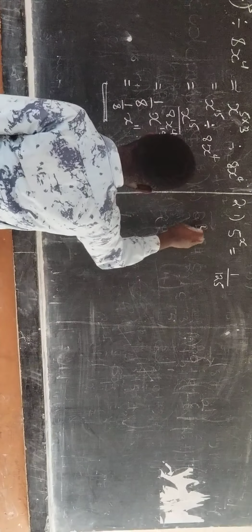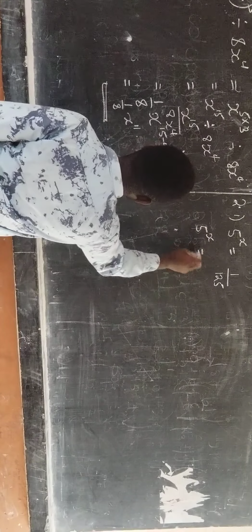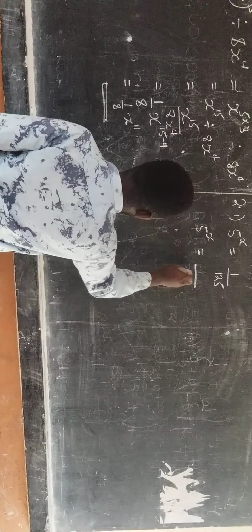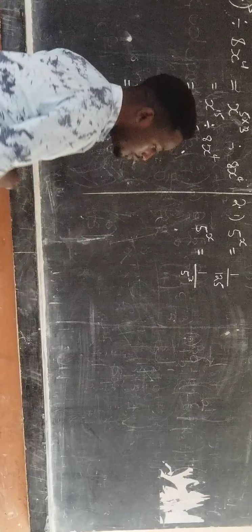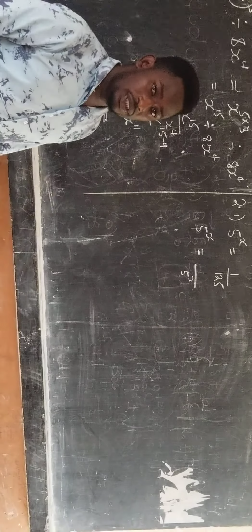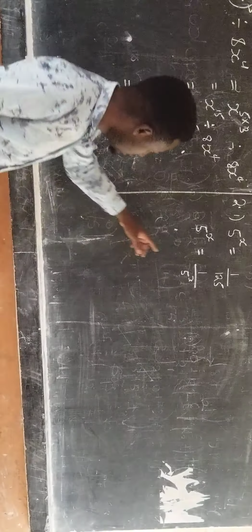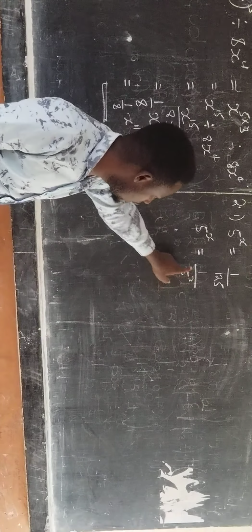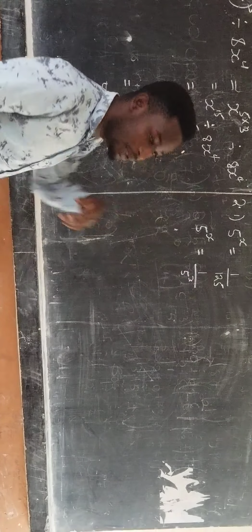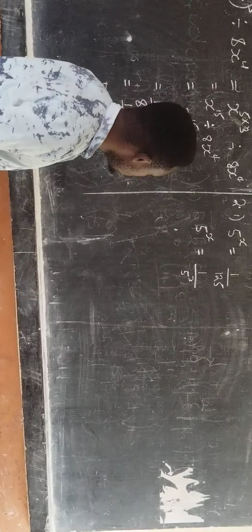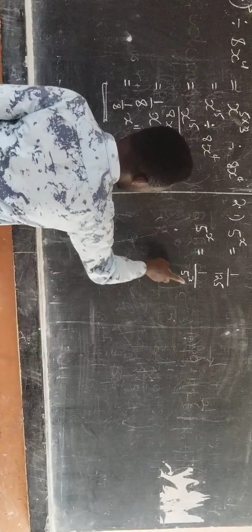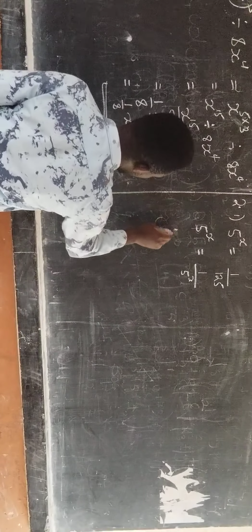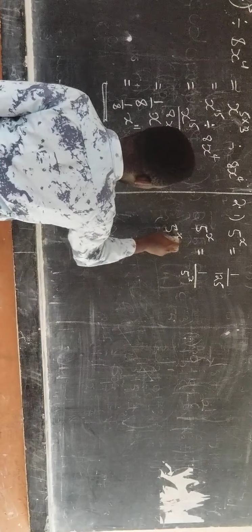So 5 power x is equal to 1 over 125, and 125 is the same as 5 cubed. Is that okay? But now the bases are not the same. This is a denominator, this is a numerator. You cannot compare them. So I can make this one go up by attaching the negative there, if you remember that law of indices.